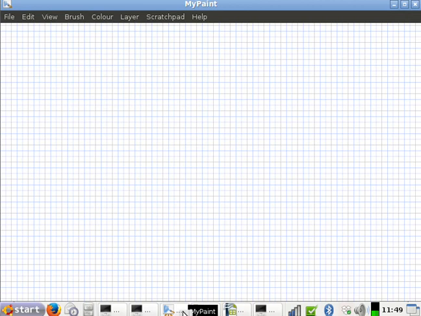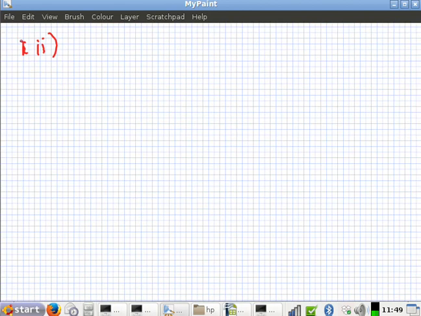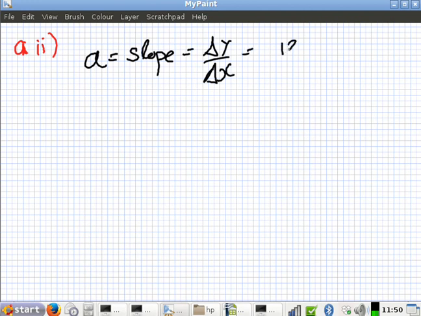So for part 2, the acceleration, which equals the slope, which equals the height over the base, which is 12 over 15. 0.8 meters per second squared.